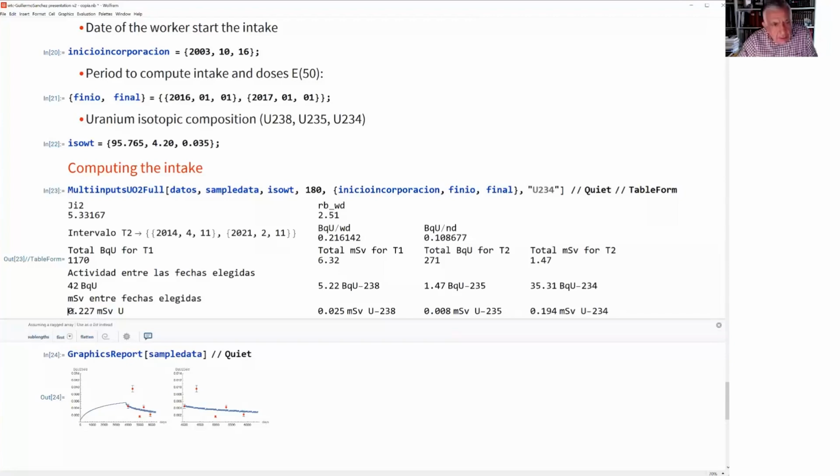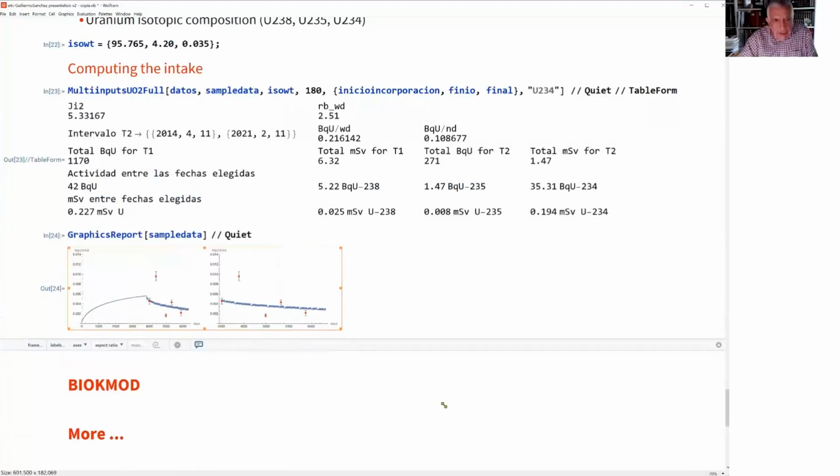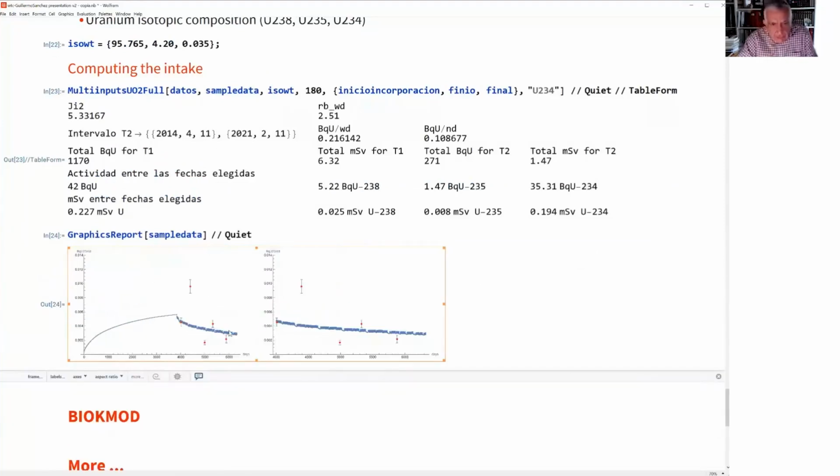It is 0.227 millisievert for this year. Now here we have represented the fit between the measure of the urine excretion and the fitted curve. We can see that it's a good fit.